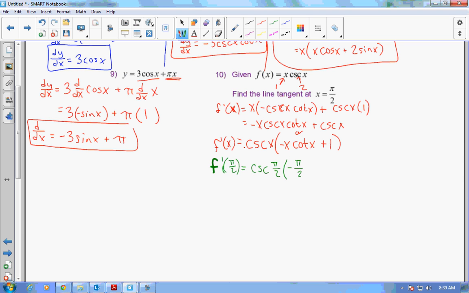What's the reciprocal of cosecant? 1 over sine. Do you know sine at pi halves? Sine at pi halves, I just draw my little circle. There's pi. What's sine of pi halves? Okay. So what's cosecant at pi halves?